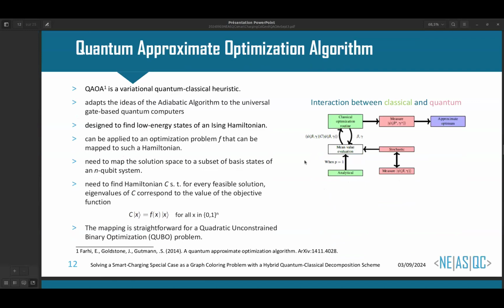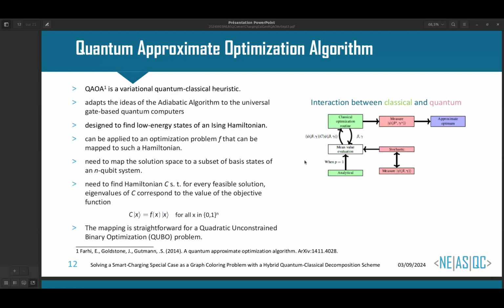Okay, so QAOA is a variational quantum classical heuristic, and it adapts the idea of the adiabatic algorithm to universal gate-based quantum computers. It's designed to find an approximation of the ground state, which is actually the low energy state of an Ising Hamiltonian.